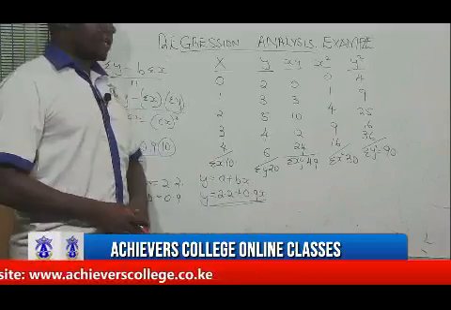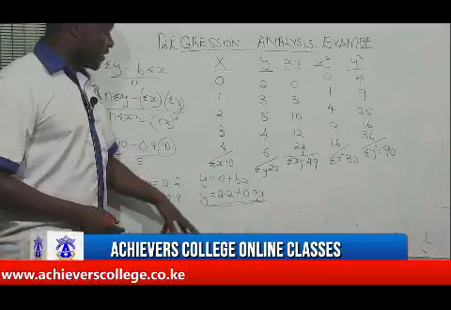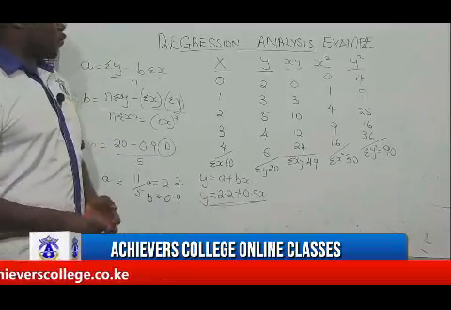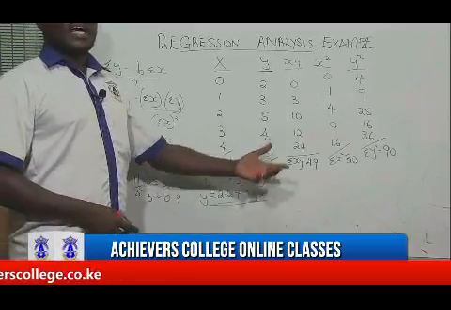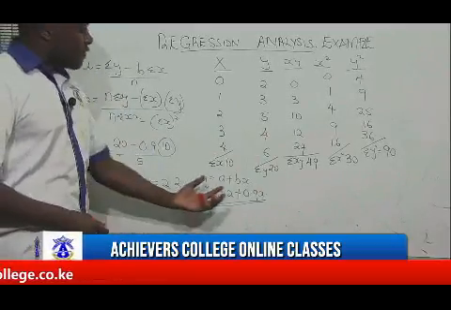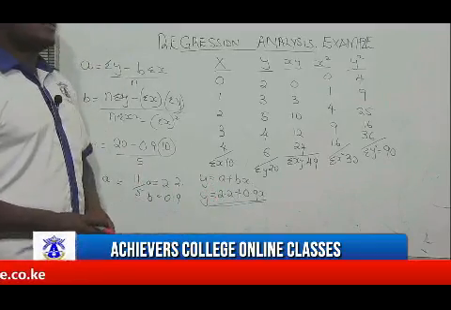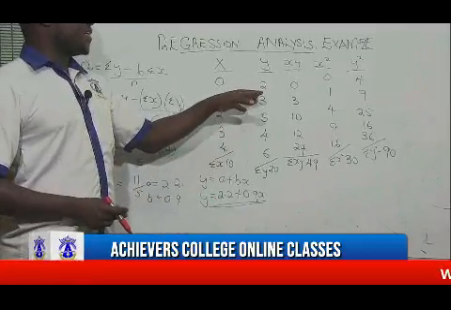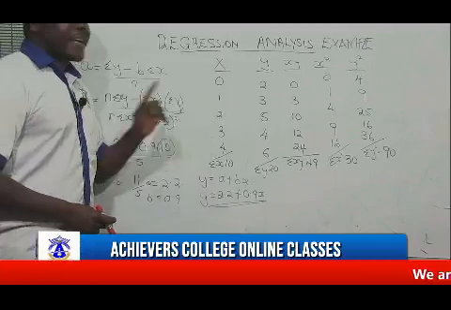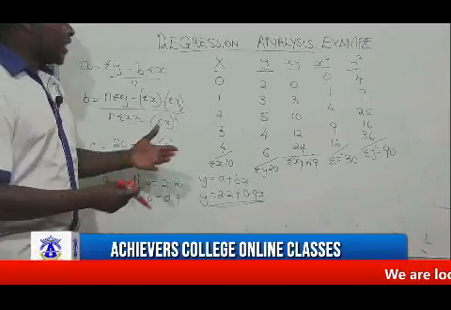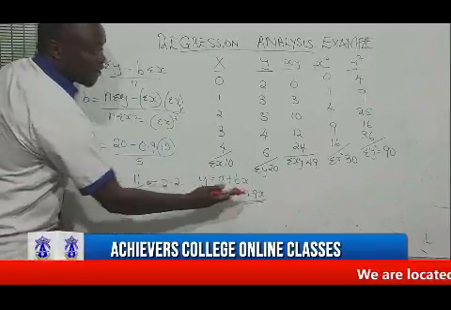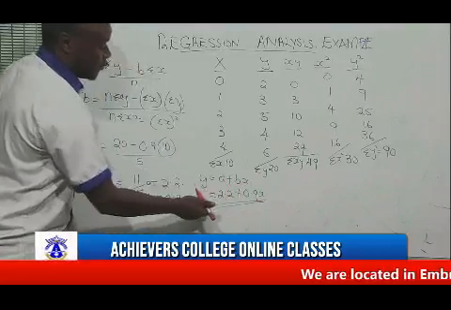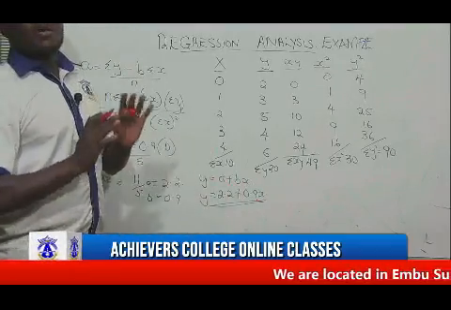In various questions, you can be asked to determine the value of y given x to be a certain figure. So having this equation, if you are told to determine the value of y given x to be 5, to be 10, you only need to come to your linear function, and where there is x, you replace, and then you calculate, you get the value of y comfortably.